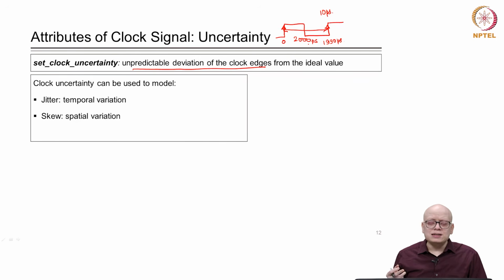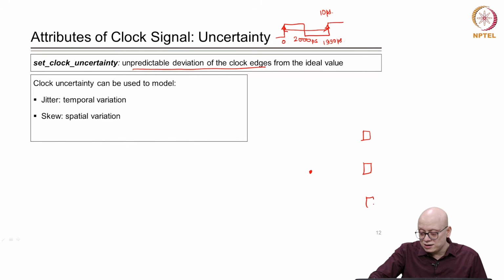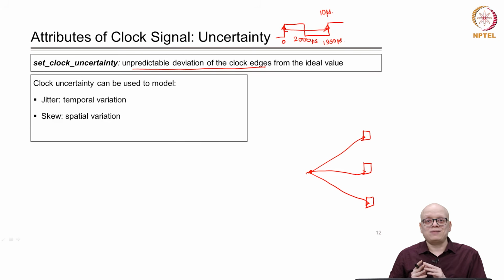And there can be other reasons of uncertainty, and that can be because of the skew in our design, right. Ideally, if we have a clock source defined somewhere and there are multiple flip flops which are being driven by this clock source, all these flip flops should receive this clock exactly at the same time, right.